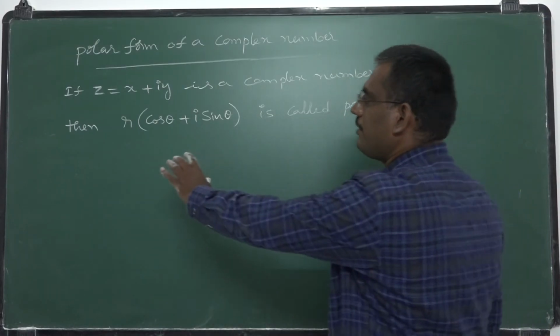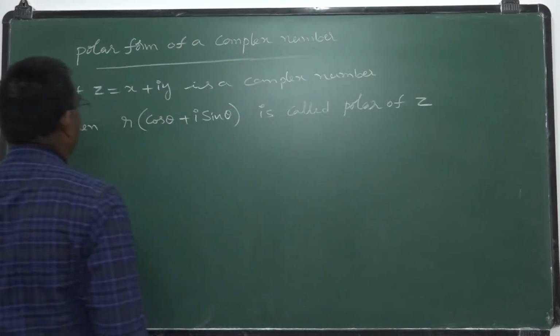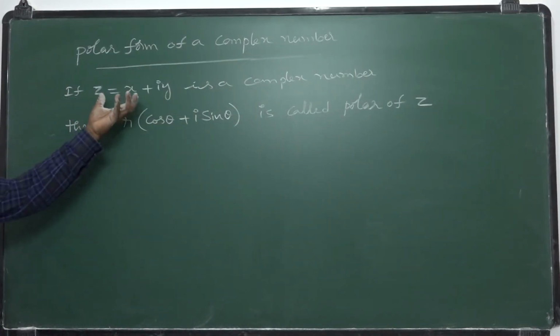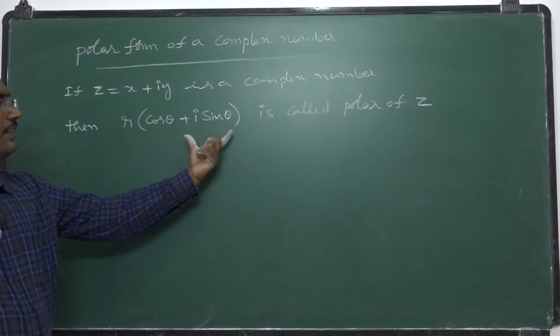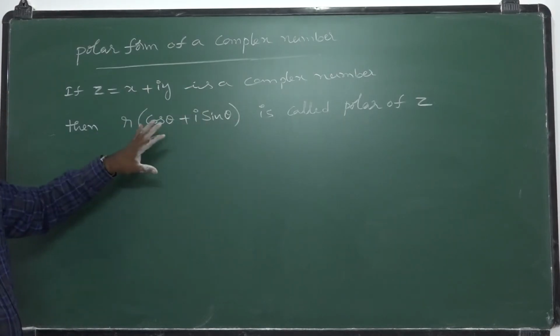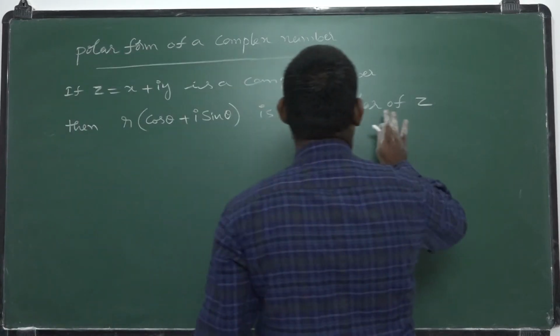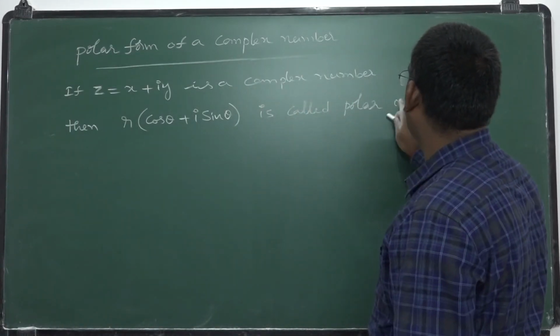Just we can convert the given complex number into the form of r of cos theta plus i sin theta.